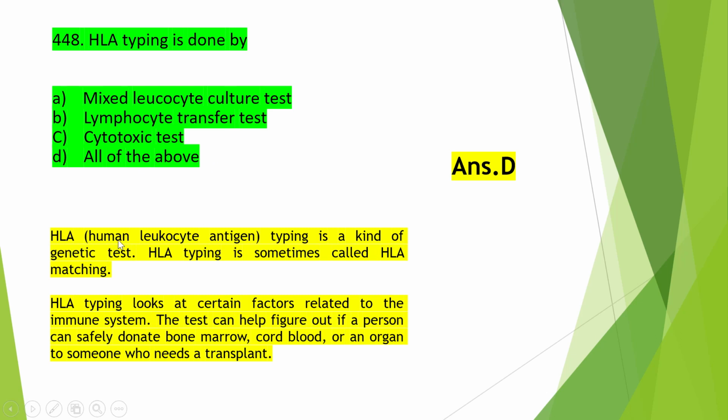So HLA, that is human leukocyte antigen typing, is a kind of genetic test, and HLA typing is sometimes called HLA matching. HLA typing looks at certain factors related to the immune system. The test can help figure out if a person can safely donate bone marrow, cord blood or an organ to someone who needs a transplant.